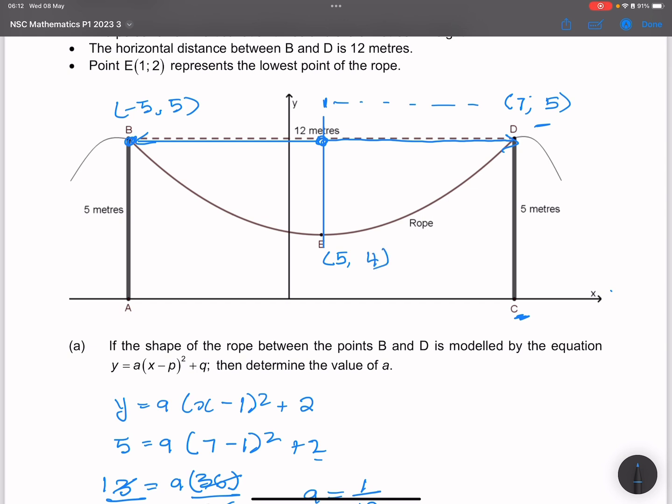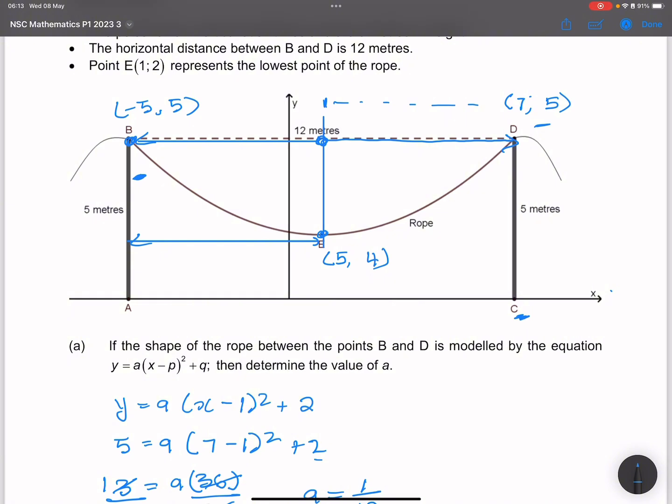So now I want you to note that this value still has not shifted, okay? So what would this one have shifted to? In this case, I'm just going to take the difference between my x values, between the turning point and that other vertical pole, right? So this would be negative 5 meters.